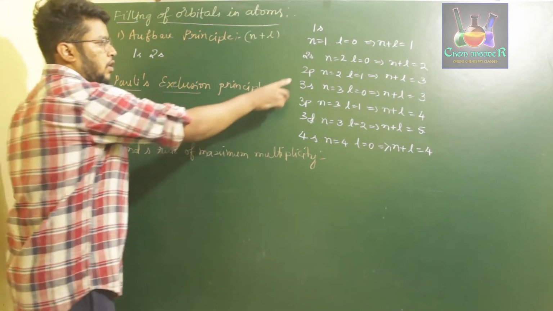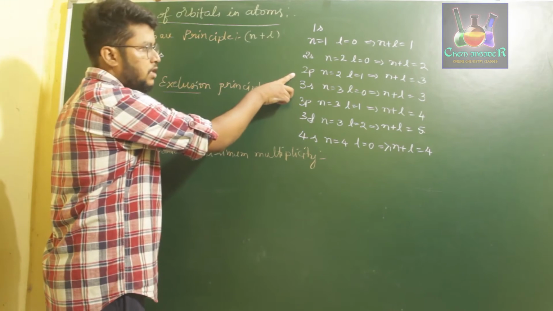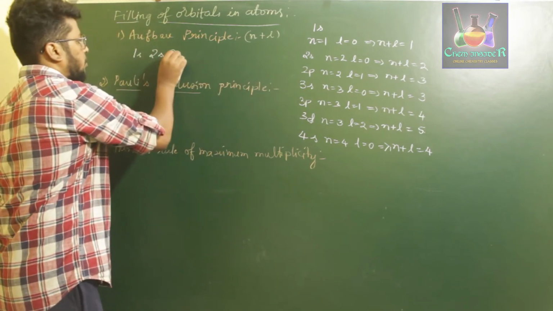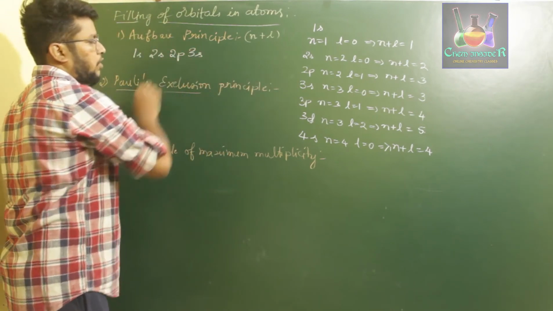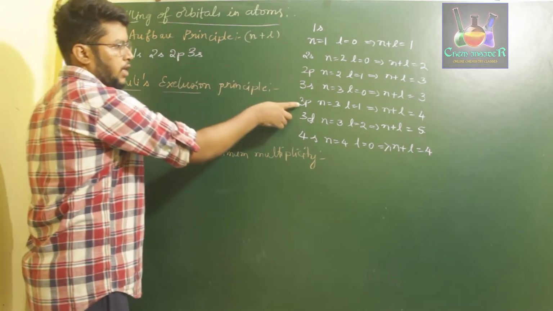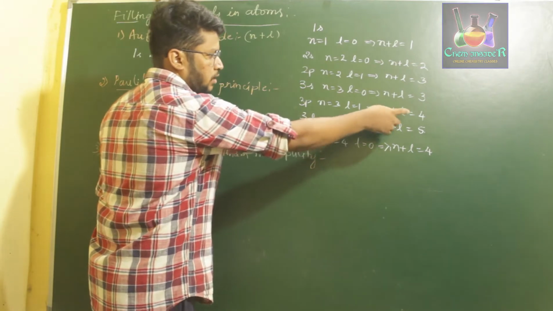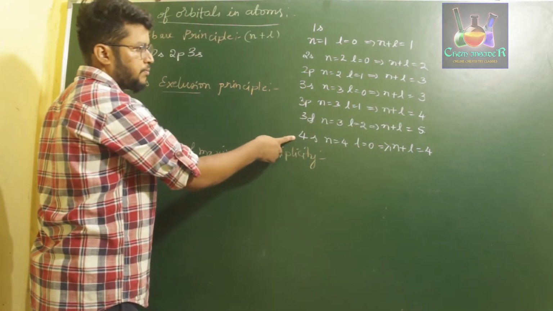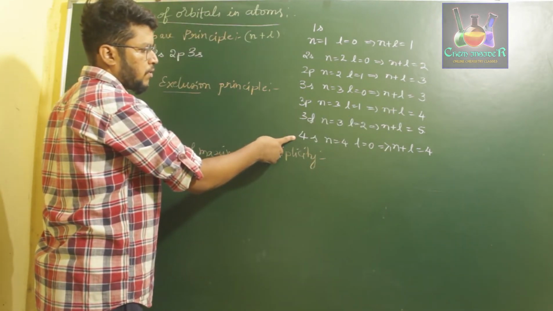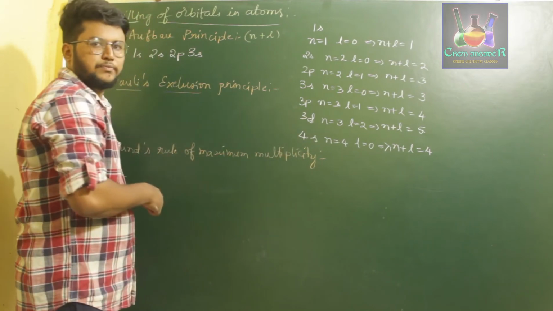Out of these two, the lesser n is for 2p. Therefore we come across 2p first and then we go for 3s. Next, we have 4. Again we have a situation here: the n plus L value of 3p is 4, and the n plus L value of 4s is 4.